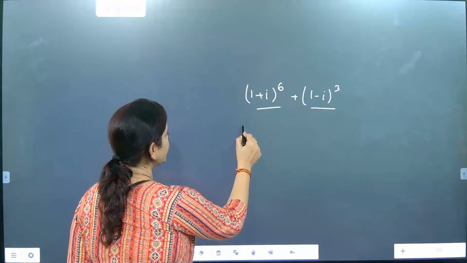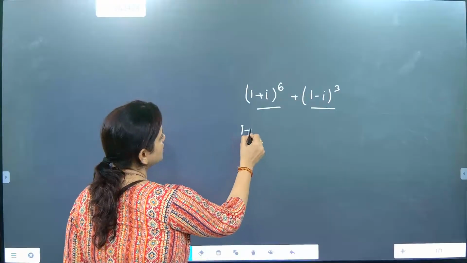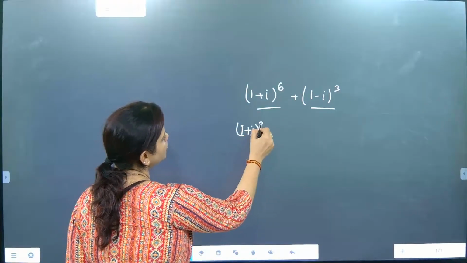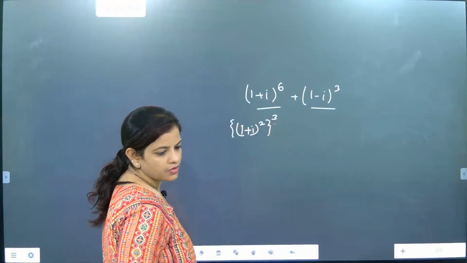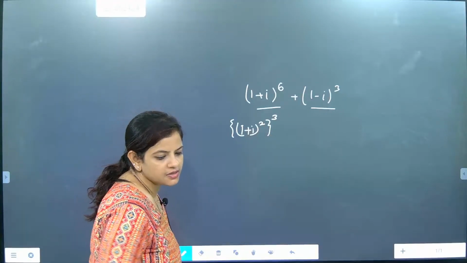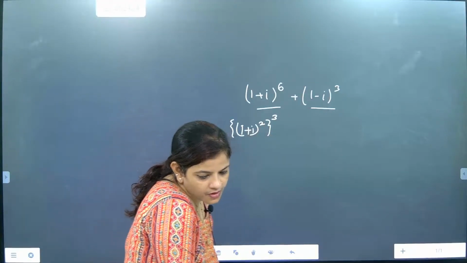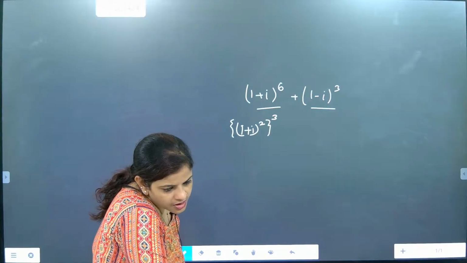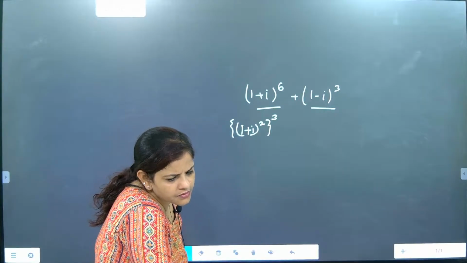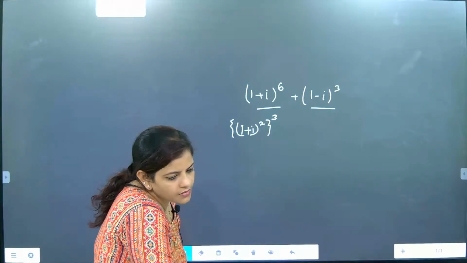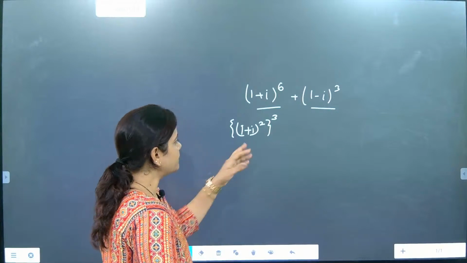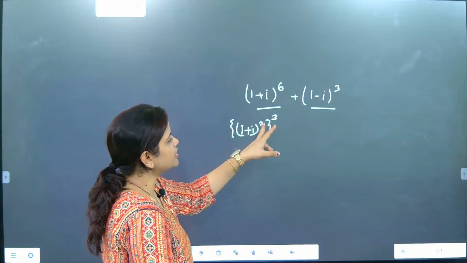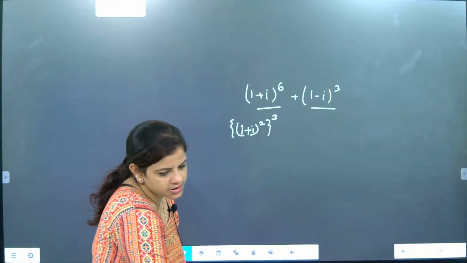See, (1 plus i) to the power 6 can be written as (1 plus i) to the power 2, whole cubed. Can we do it like this? 6 can be written as 2 times 3.